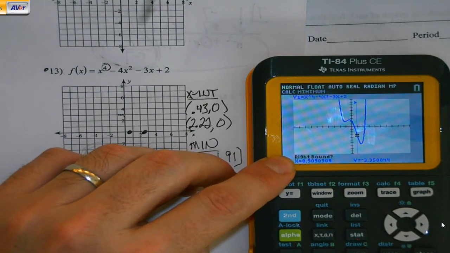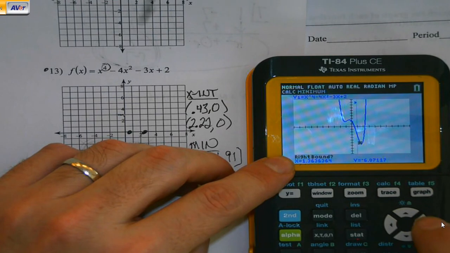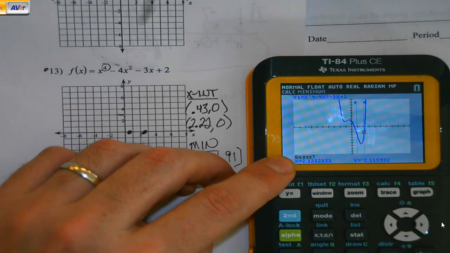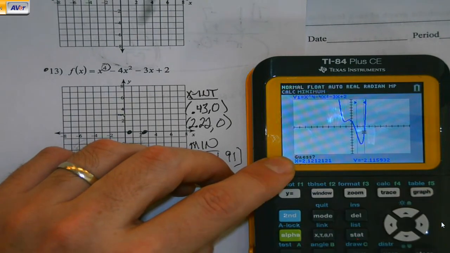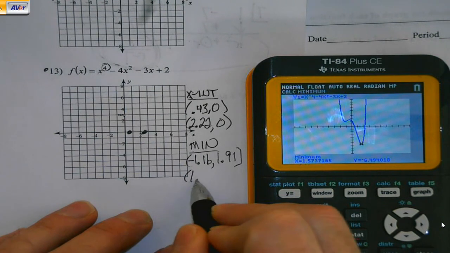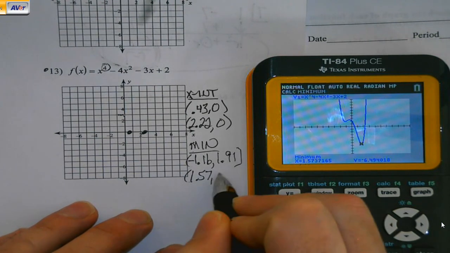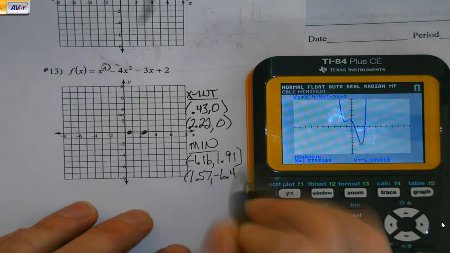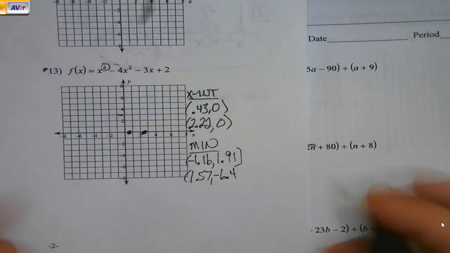First border set. 1, 2, 3, 4. 5, 6, 7, 8. Trap fully set with both my borders. And catch it. 1.57. Negative 6.49.